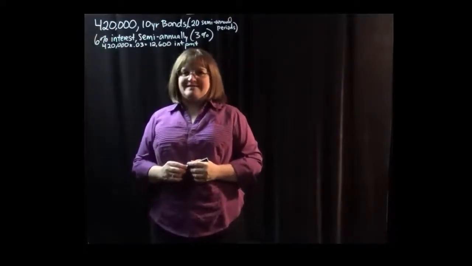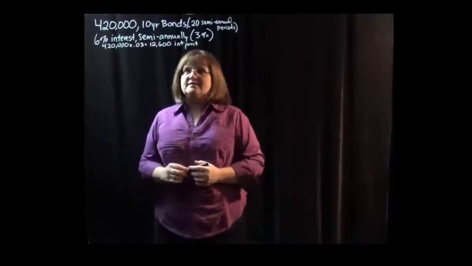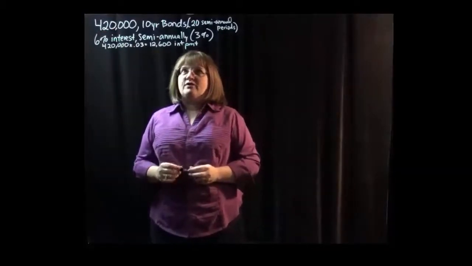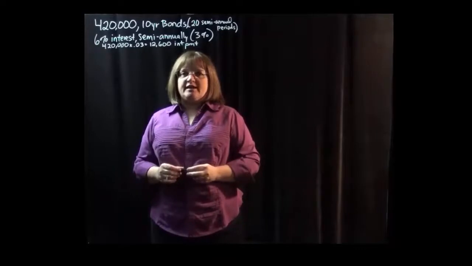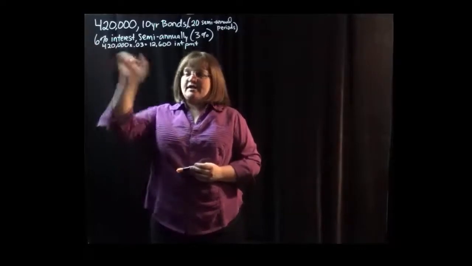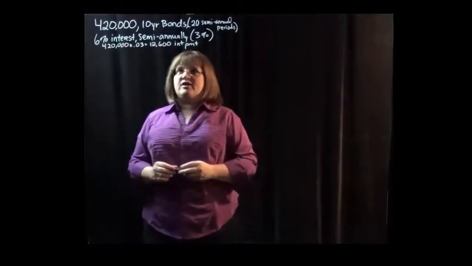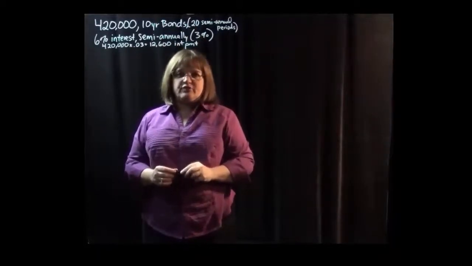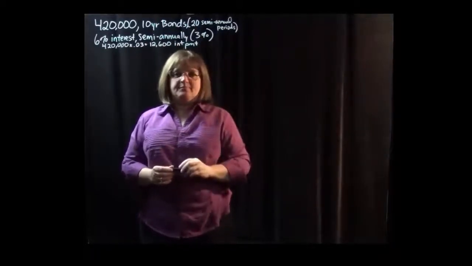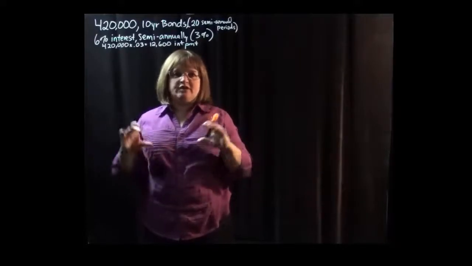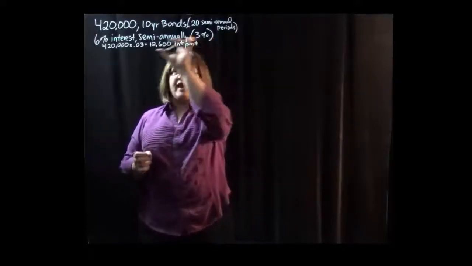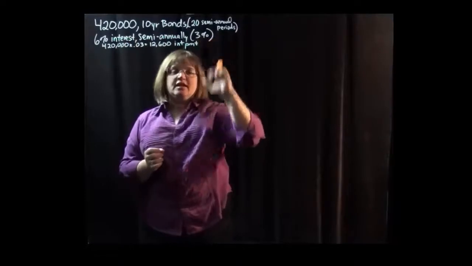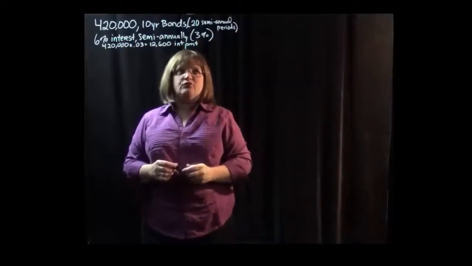So Flip and Rod is selling these bonds that total $420,000 out in the bond marketplace. These bonds bear a 6% annual interest rate, which we calculated then the semi-annual interest rate equivalent, which was 3%, because there are two semi-annual periods in each year. So we divide the interest rate annually in half to get the semi-annual rate.